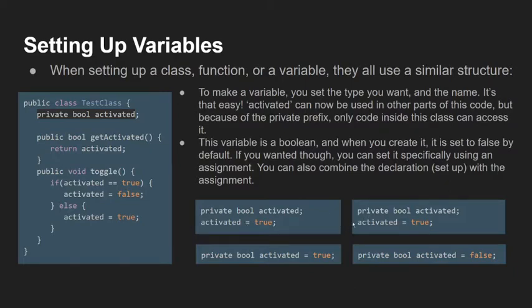Or, oh wait, no, that's the same thing. I meant to put false here, ignore that. Private bool activated equal to true takes two lines. This one is called the declaration line, which declares it and creates it in the computer for it to remember. And this is called an assignment line, which is taking that thing the computer remembers and giving it a value. You can combine them so that it creates it and gives it a value at the same time, which is much easier in many cases.